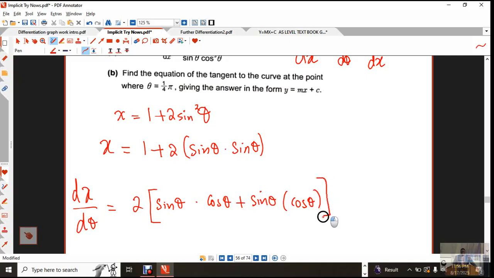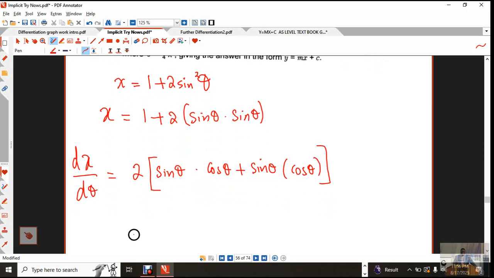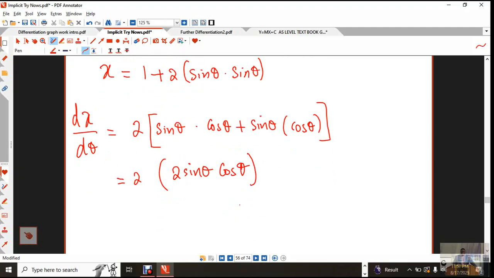That's it. Now, if you clean up the bracket inside, you're going to have the 2 still outside, but you have 2 sine theta cos theta inside. So at the end of the day, if you multiply these out with the 2 that is in front, dx/d theta is 4 sine theta cos theta.